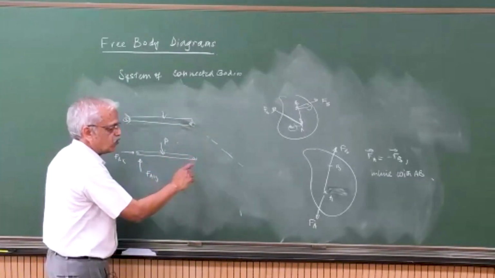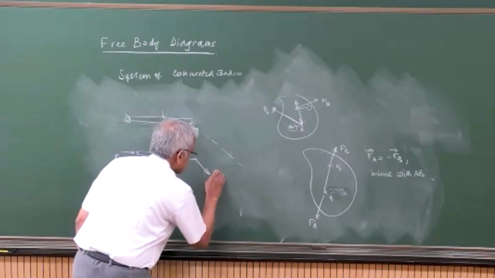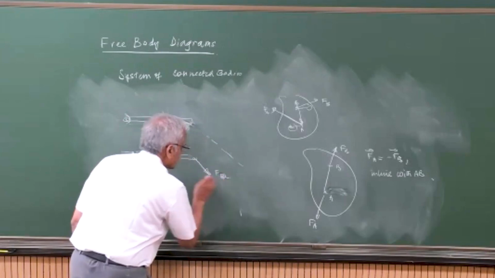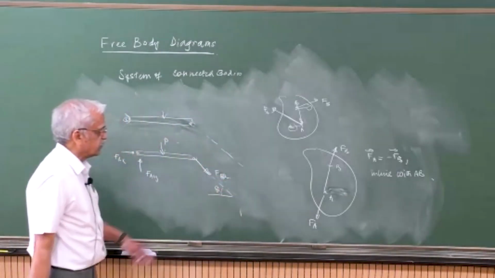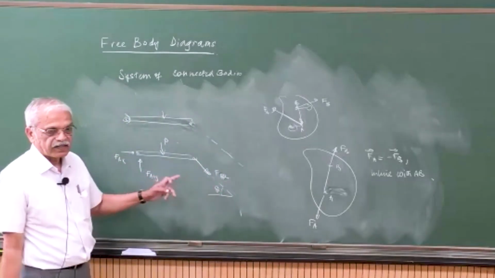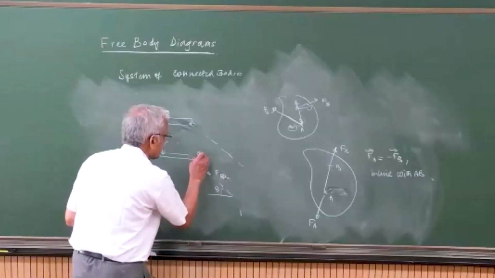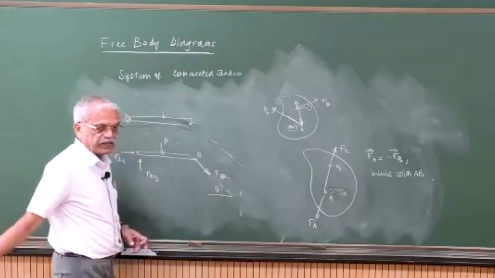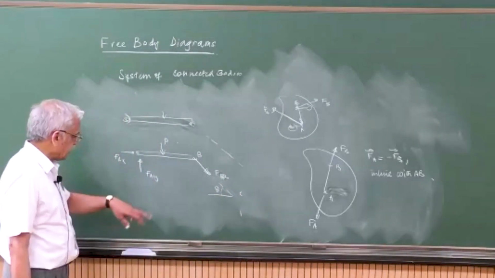So the unknown force here has to be in line. So FBC should be at some angle theta. Here, it should be just along this line. So I know the direction. Because it is going from B to C at an angle of theta, it should be in line with BC. Anything else you can say?